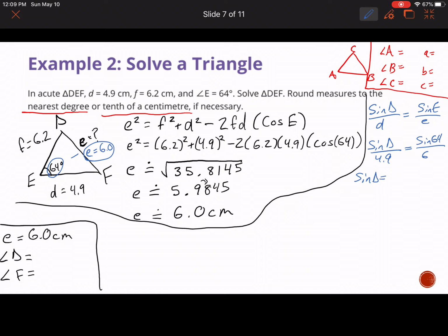Sine of D equals, we times both those sides by 4.9 to get it onto that other side, which equals approximately there, which means that our angle of D is the inverse sine of all of that, and then that is 47.224.